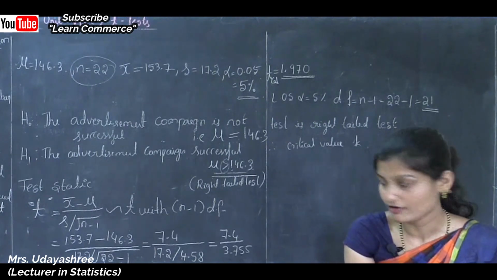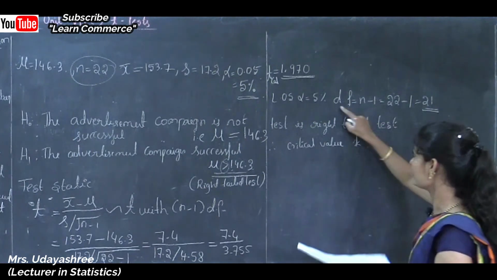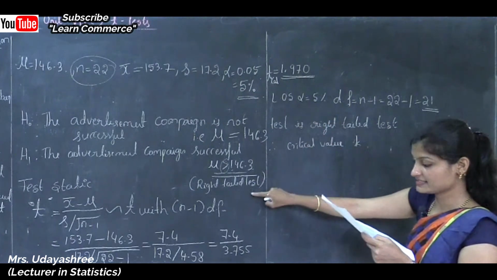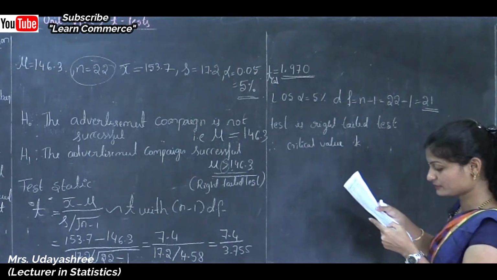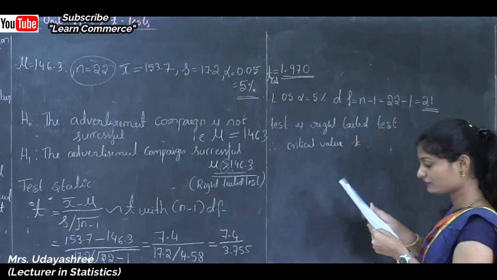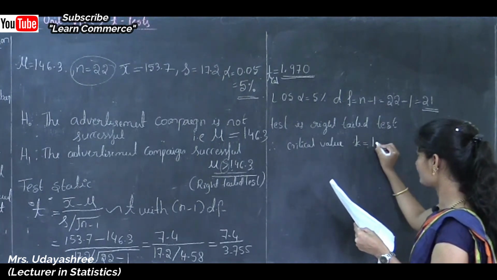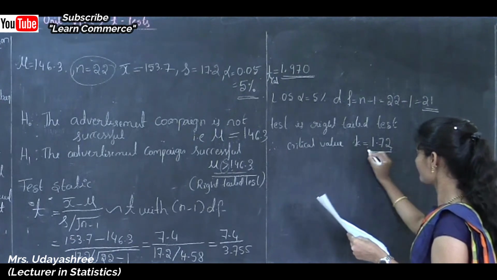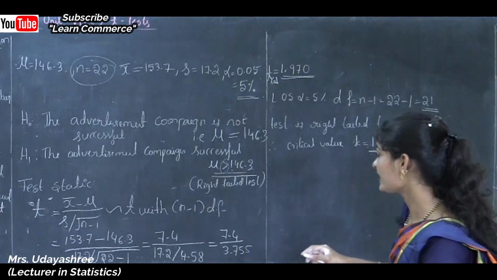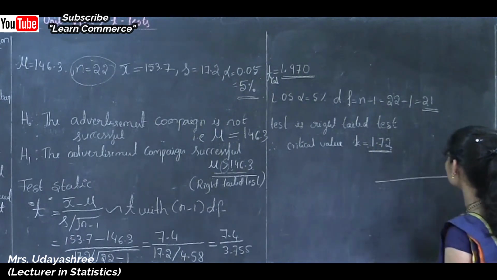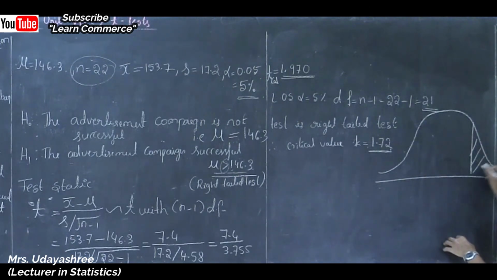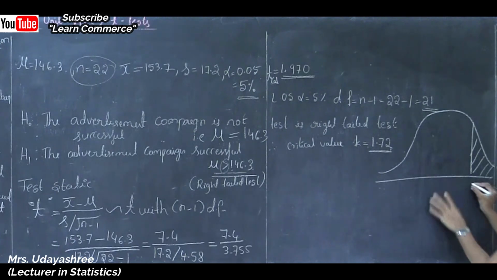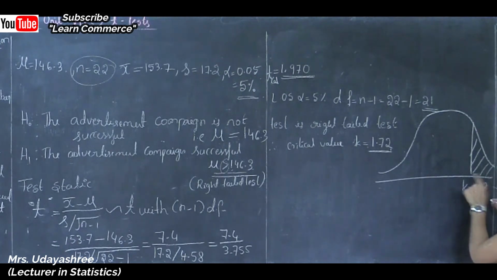Alpha is 5%, this is a one tail test, and the degrees of freedom is 21. Therefore the k value is 1.72, and in a right tail test the rejection region is located at the right tail of the probability curve. This is the rejection region and this is the acceptance region. This is the k value.